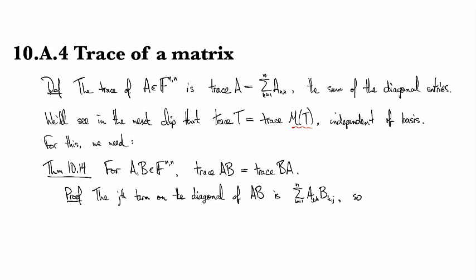So then the trace of AB is going to be, we sum over j all those things.